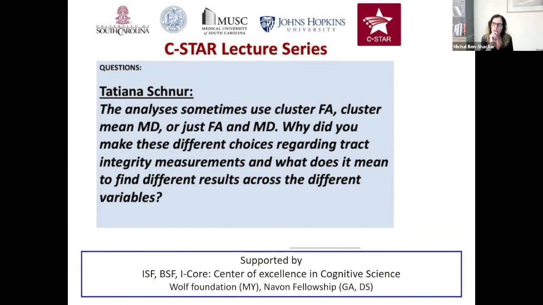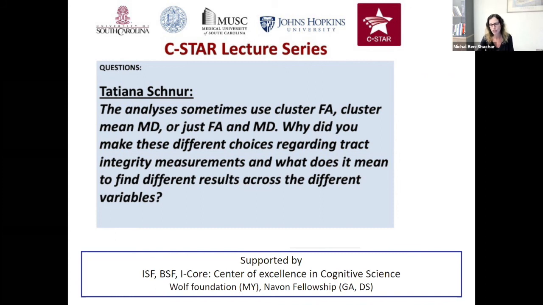So no, it's pretty consistent. I wouldn't think it's by chance, but I'm glad you followed up, because one explanation is that there have been papers showing, based on simulations, that mean diffusivity is a more sensitive measure.